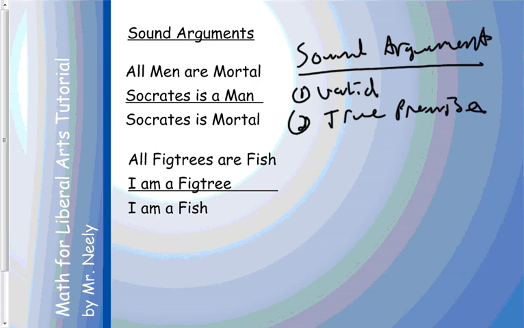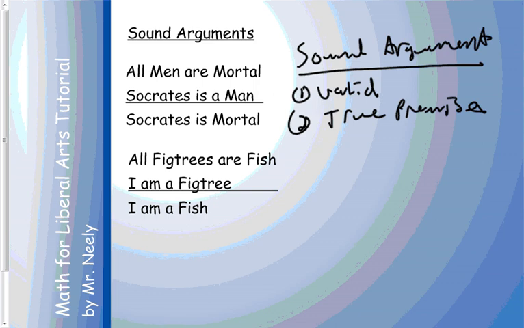So a sound argument is a valid argument that has true premises. And if you are a sound argument, then the conclusion will also be true. It'll follow necessarily from the fact that the argument was both valid and the premises were both true. Okay? And then you get an argument that also has a true conclusion.